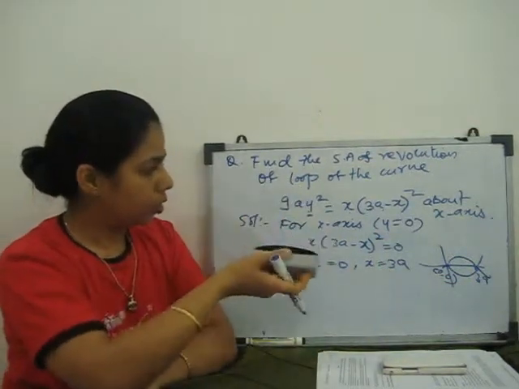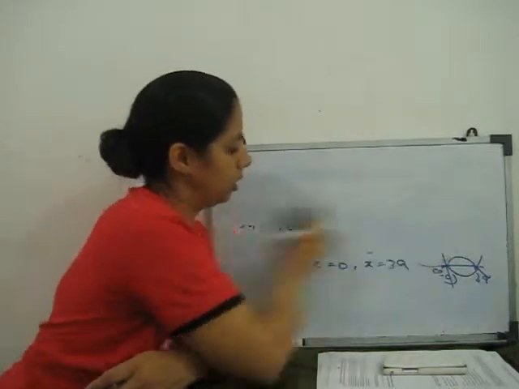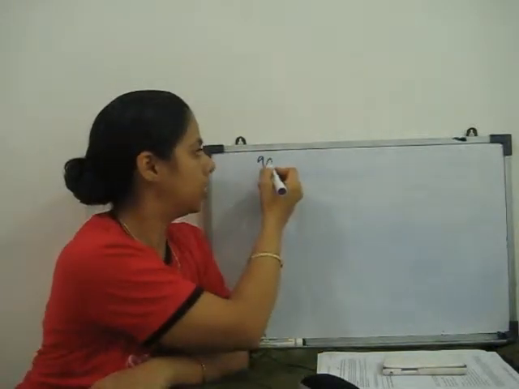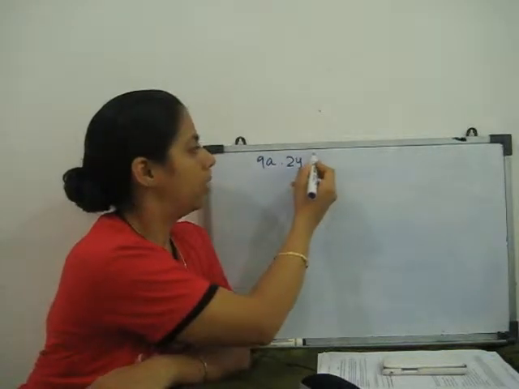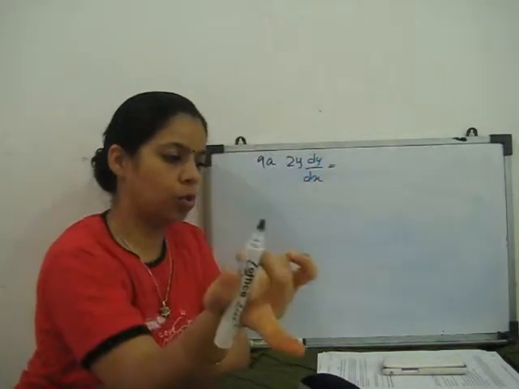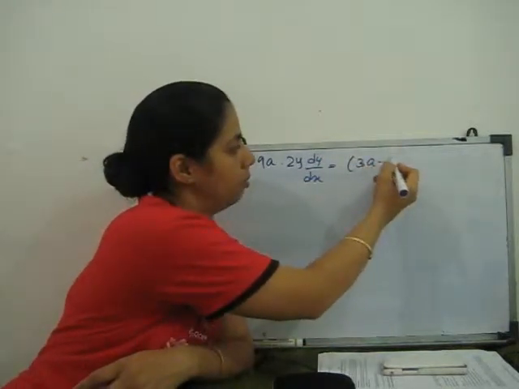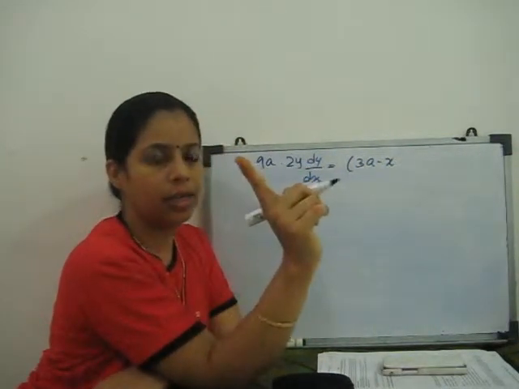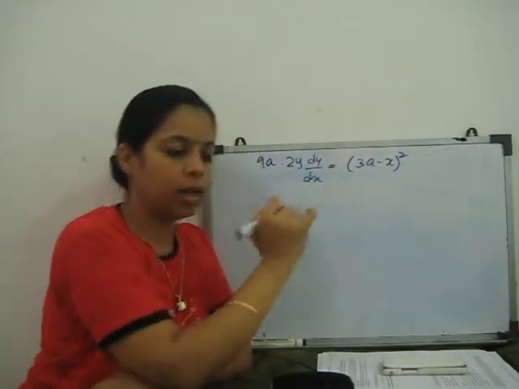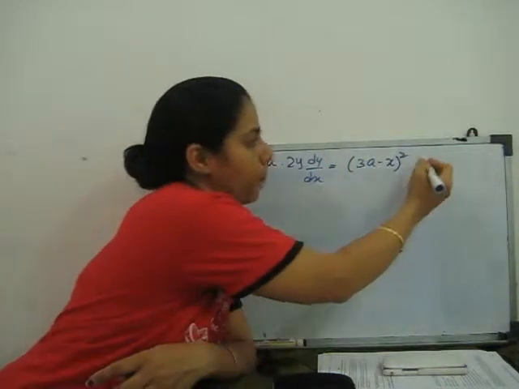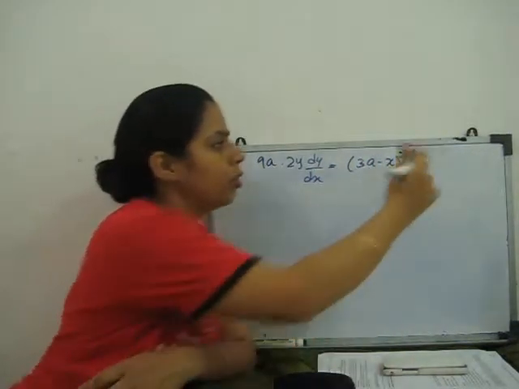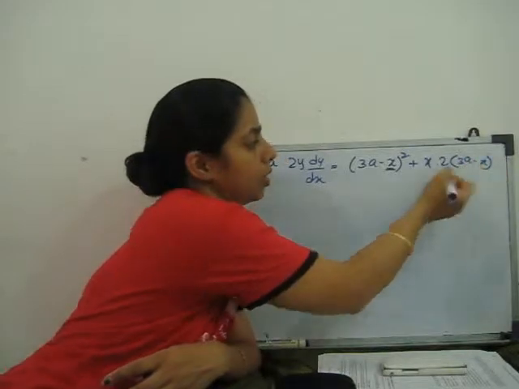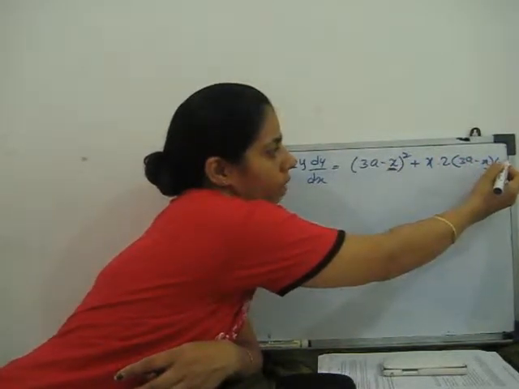So now we differentiate. 9a as it is, y square gives 2y dy by dx is equal to 3a minus x whole square, plus x into 2 times (3a minus x) and this x gives minus of 1.